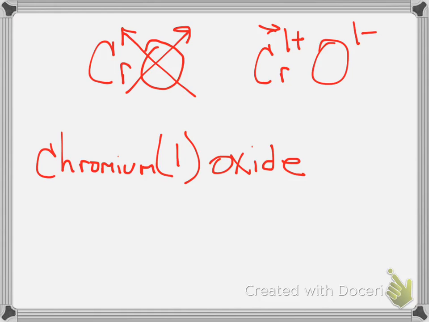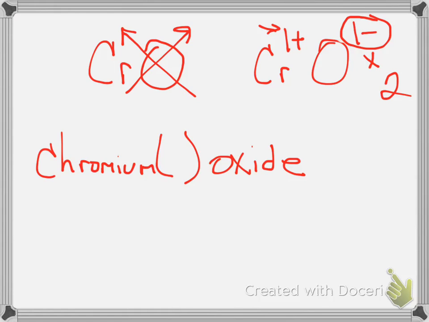No, you are wrong. You are incorrect. Why is that? Because what did I say you had to do? You had to check that the charge on the anion is correct. And oxygen is not 1 negative. Oxygen is in that column that is almost always 2 negative. So you have to make that 2 negative. How would you do that? You multiply it by 2. 1 negative times 2 is 2 negative.